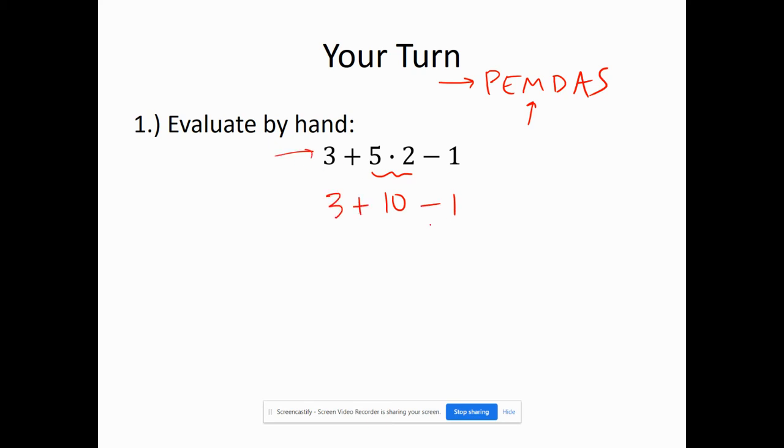So what's going to come next after we do the 10? Now this is where addition and subtraction, it looks like addition comes first, but when they're in the same problem, we should just go left to right in general. 3 plus 10 is 13, minus 1 is 12. However, you could have done 10 minus 1 is 9, and 3 plus 9 is still 12.